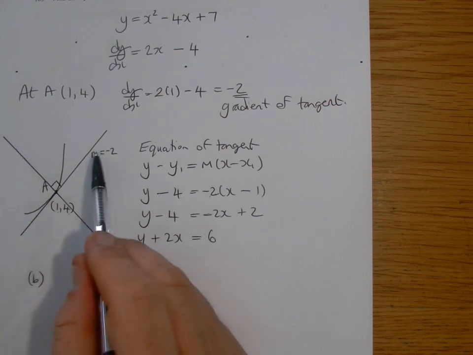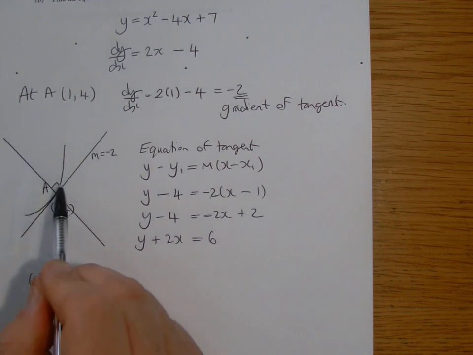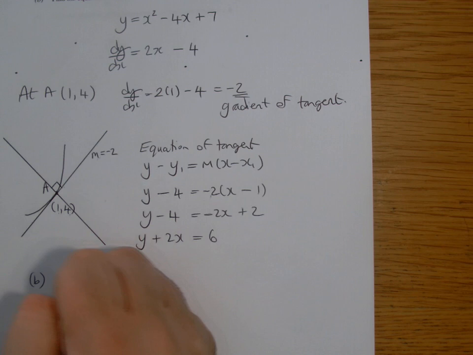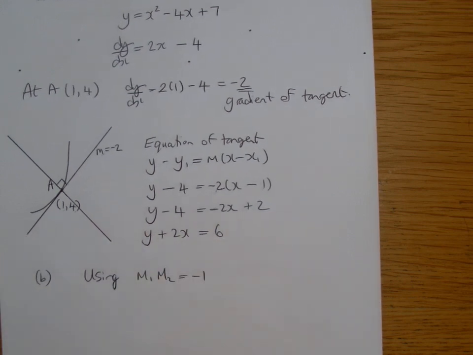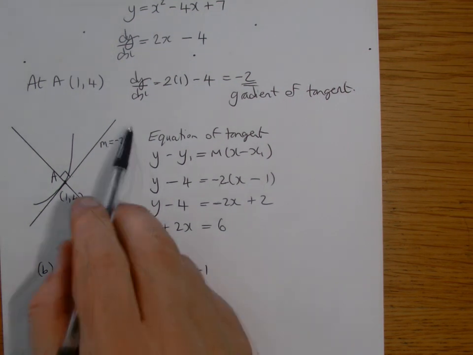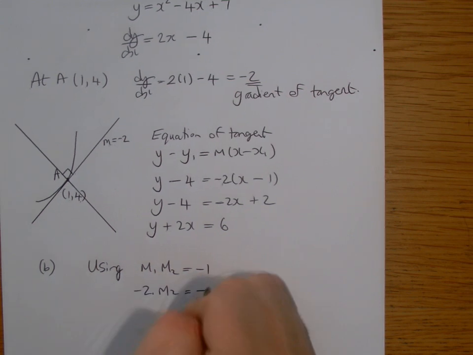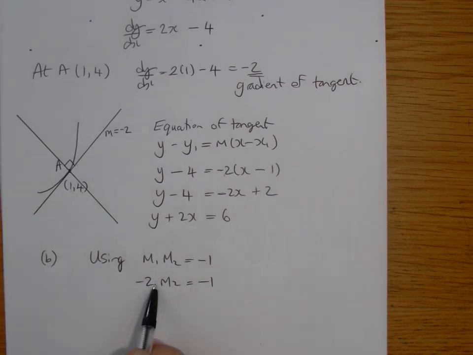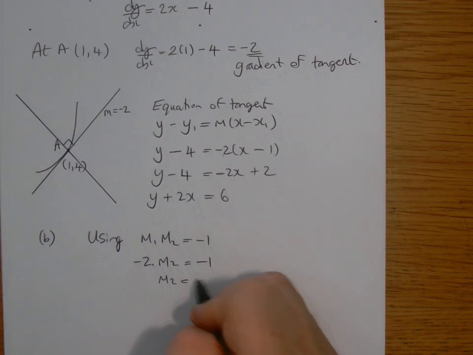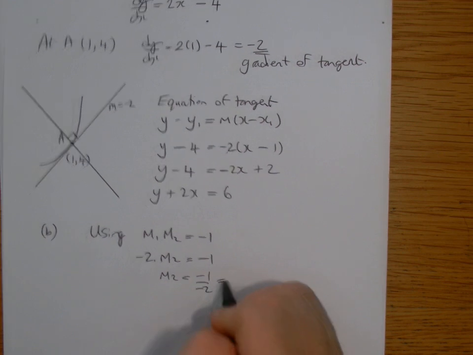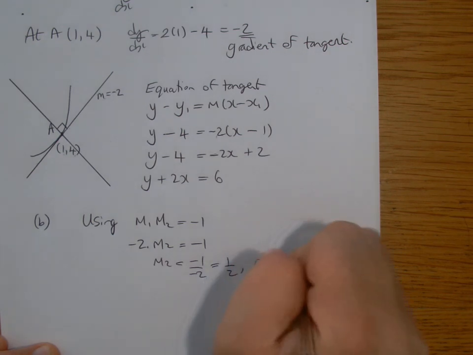Because ultimately, when we've got the gradient of one, we can work out the gradient of the other because they're perpendicular to each other. So if you remember the rule we learnt in coordinate geometry, m1 times m2 is equal to negative 1. So we know the gradient of the tangent is negative 2. So it's just a case of plugging that into this formula to work out the gradient of the line that's perpendicular. So minus 1, if you take that minus 2 over, it becomes a half. So this would be the gradient of the normal.